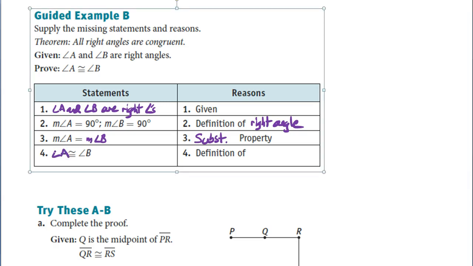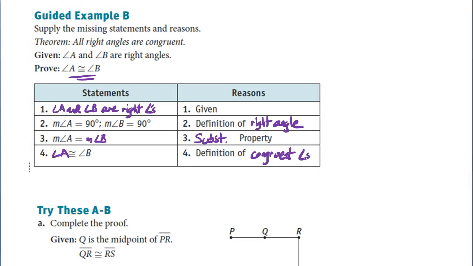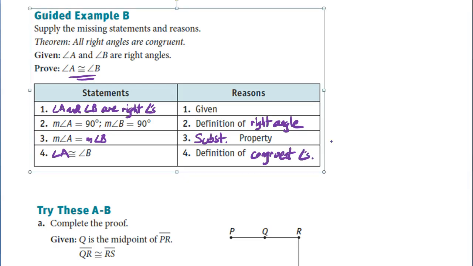So we were able to create the statement that we were trying to prove. And that's the definition of congruent angles. Notice that to be able to give reasons for our thinking, we have to have the knowledge from previous sections this year, the different definitions of words, the different algebra properties, and so on.